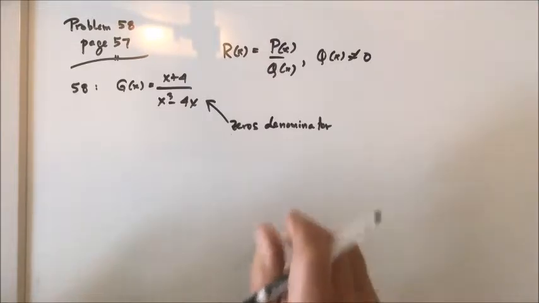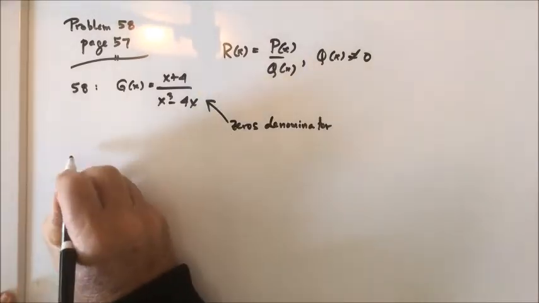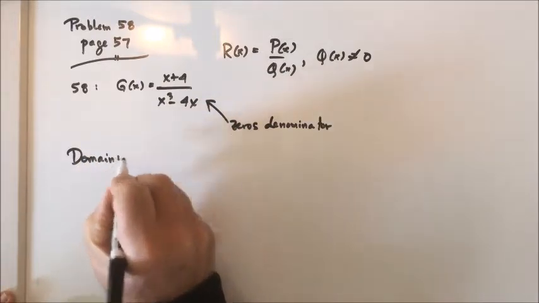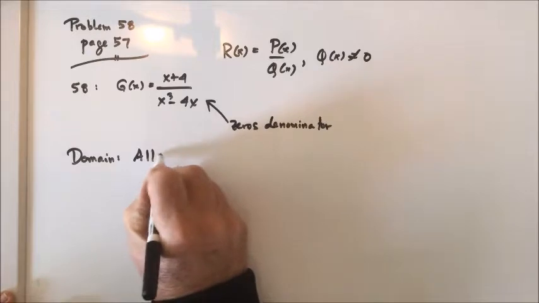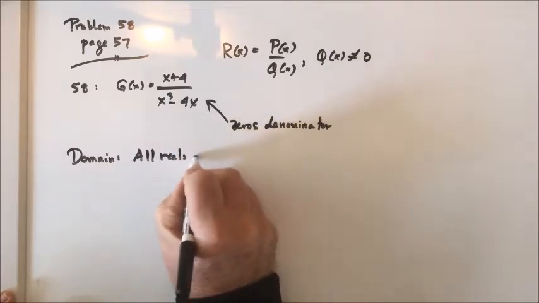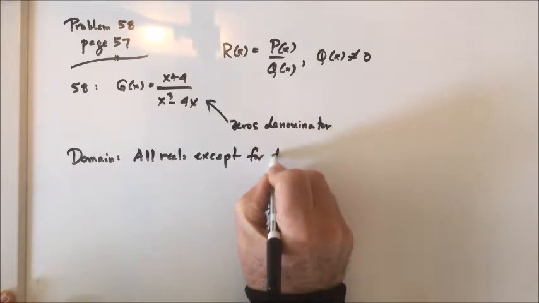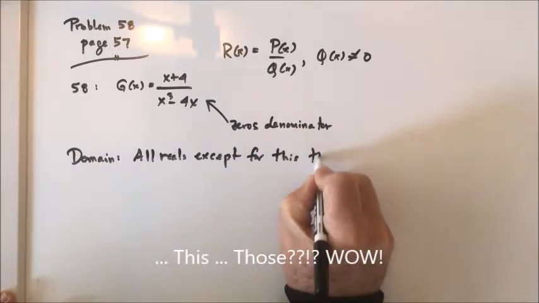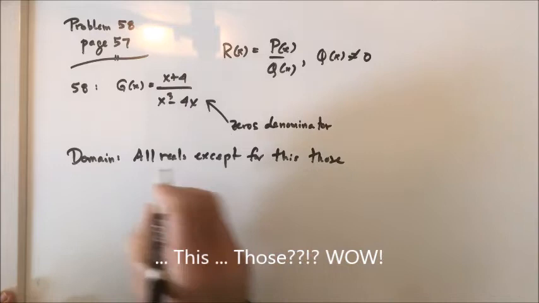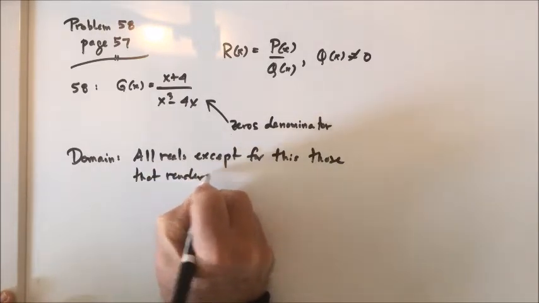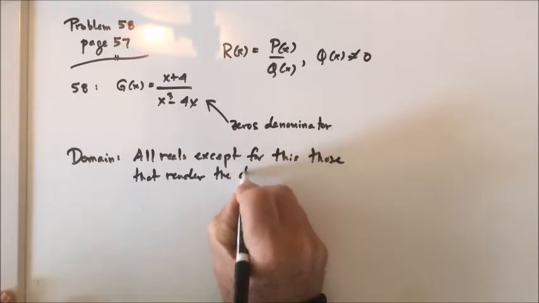So essentially, the domain of any rational function is all reals except for those that render the denominator to be 0.